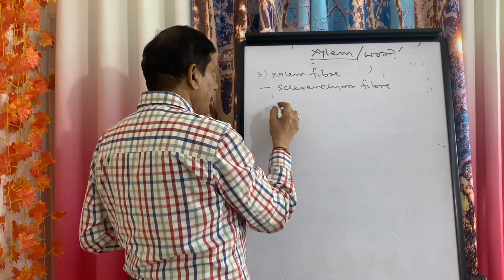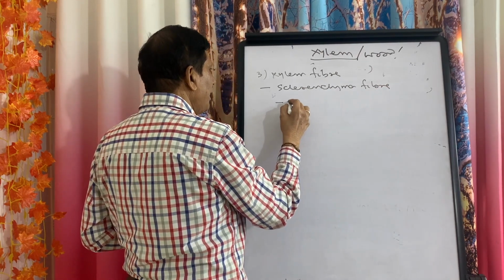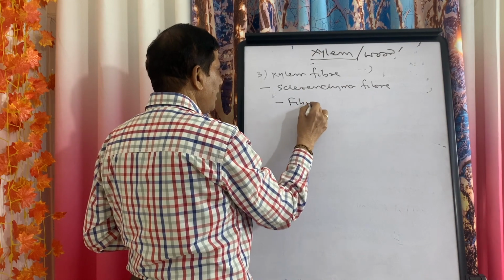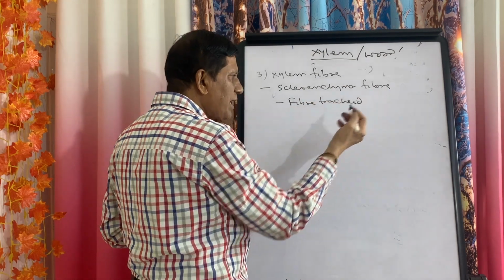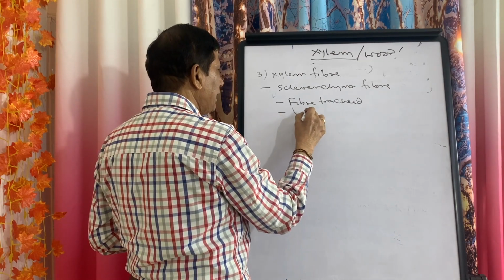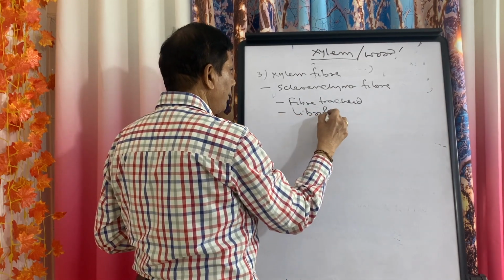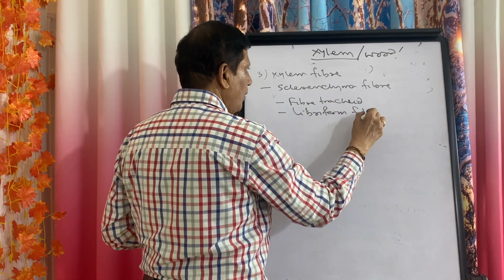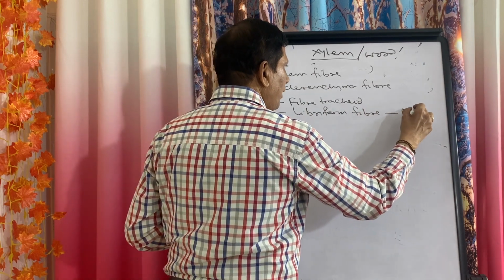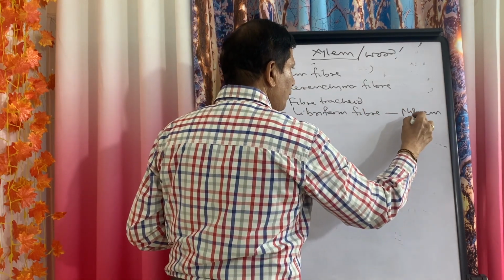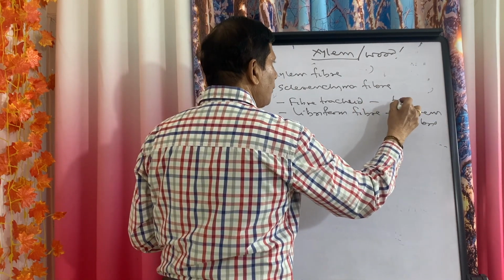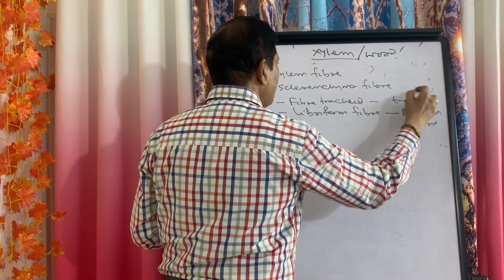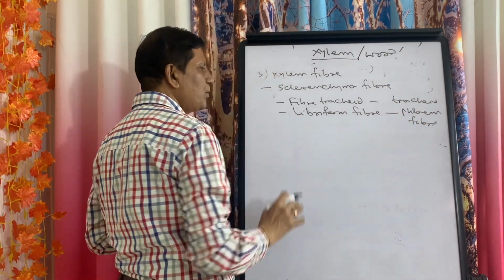It may look like a fiber tracheid when it resembles a tracheid, or it may be libriform fiber when it resembles the phloem fiber. When it resembles the phloem fiber, it is known as libriform, and when it resembles tracheid, it is known as fiber tracheid. It is of two types.